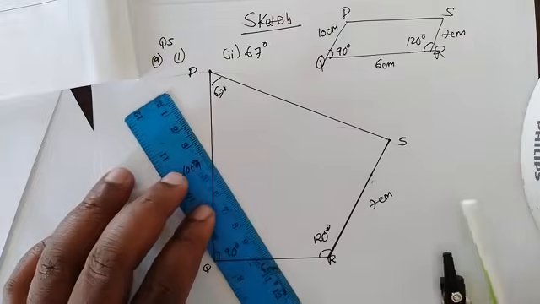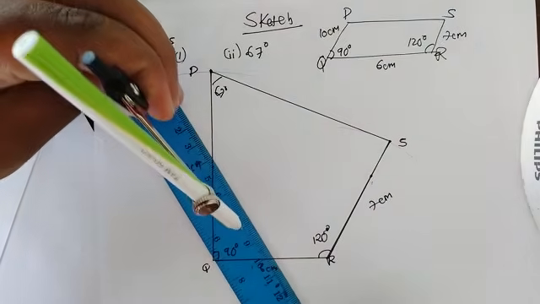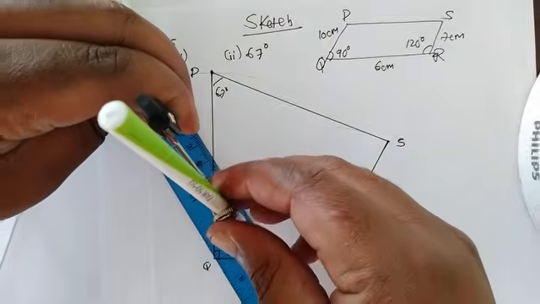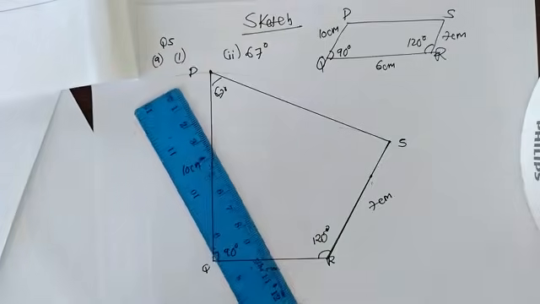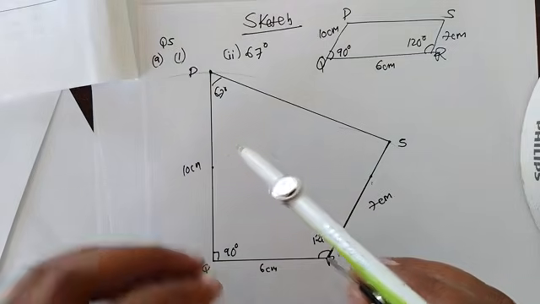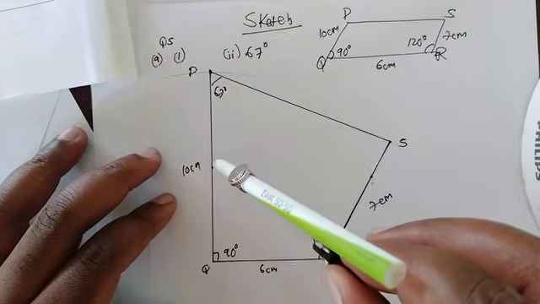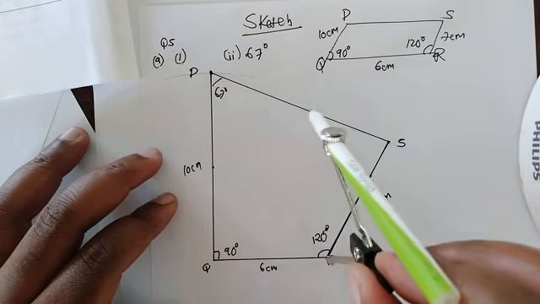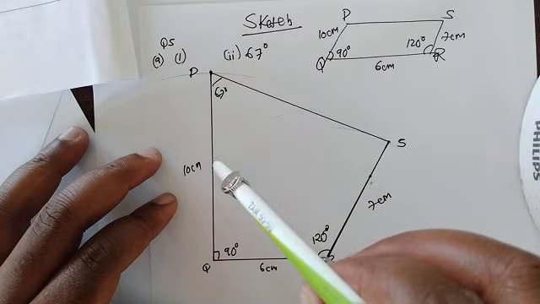So I can start from 1 and go all the way up to 9. That gives me 8. Alright, so I'll go to R here, hold the compass, just create an arc. It has to be within the quadrilateral, but make sure that these are visible.